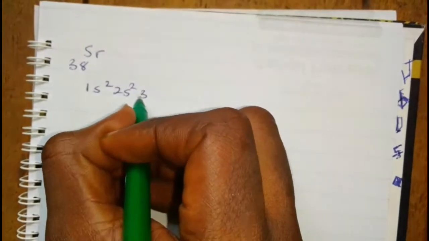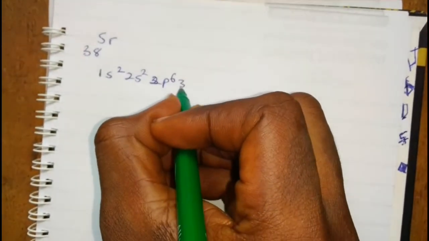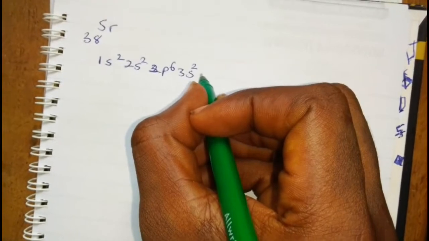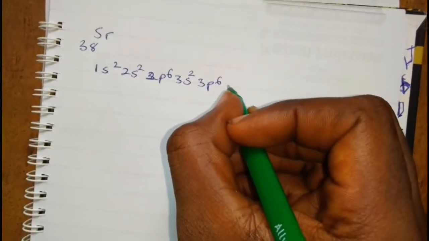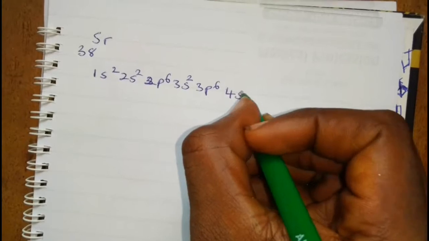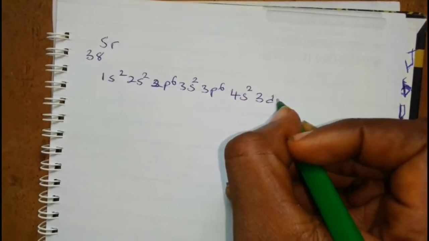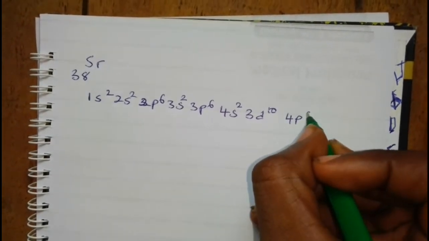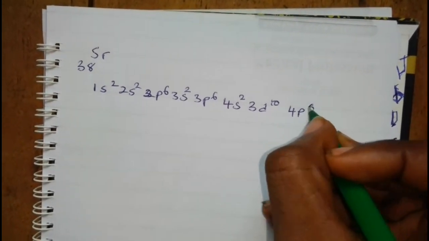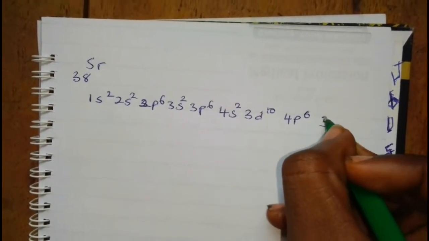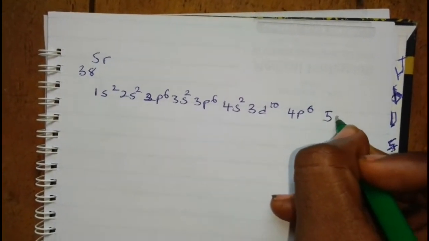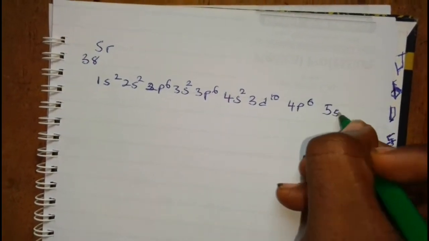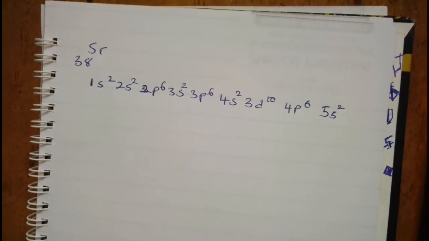That one has atomic number 38, so it will be 1s2, 2s2, 2p6, 3s2, 3p6, 4s2, 3d10, 4p6, 5s2.